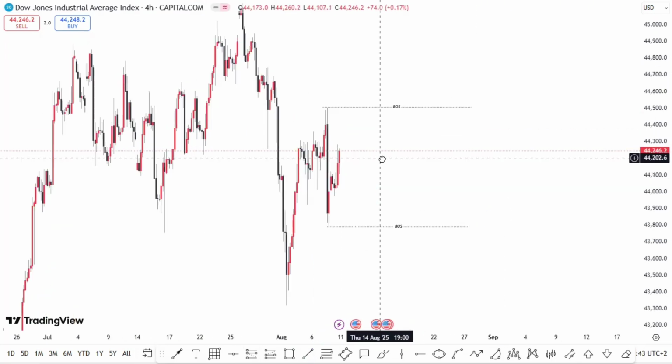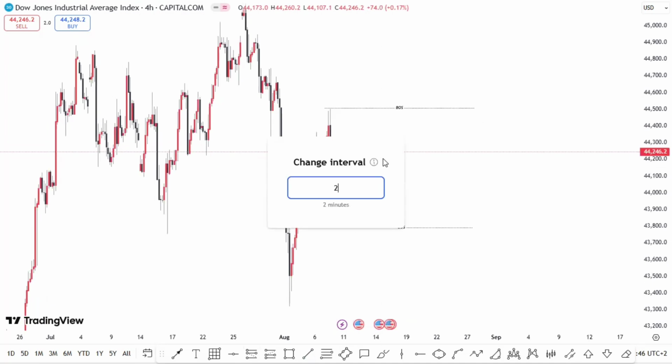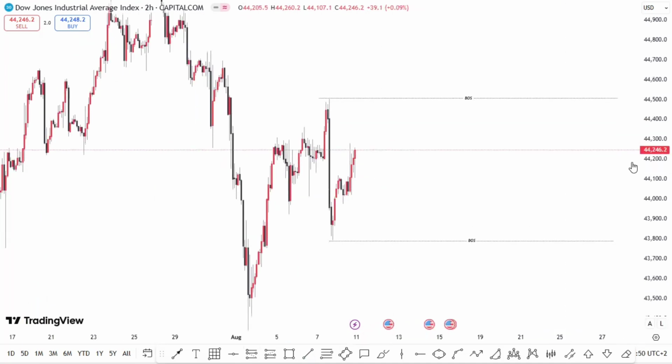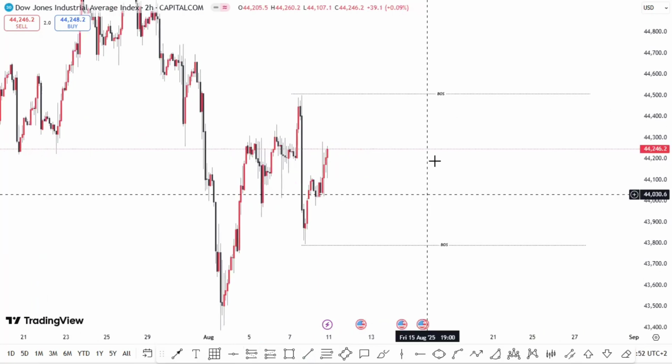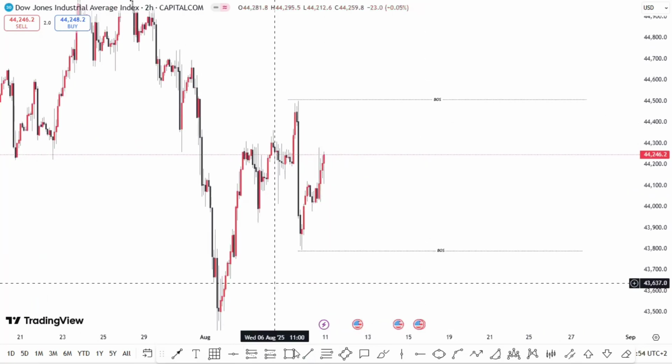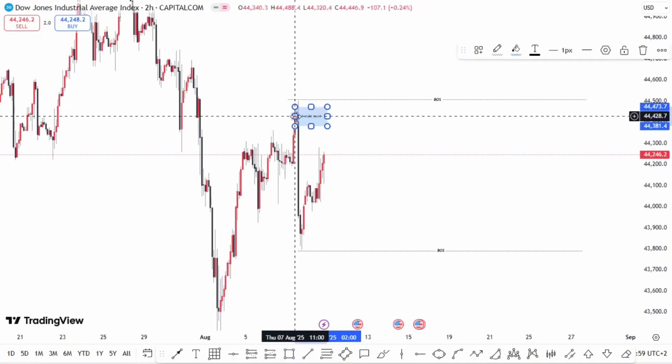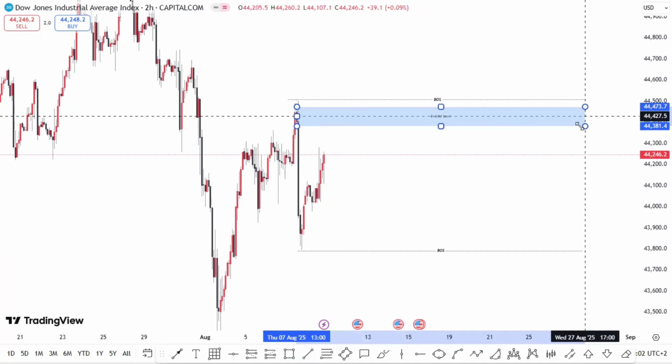Okay, let's go to H2. Take my rectangle box there. Plot my last candlestick before the drop. Fund area.